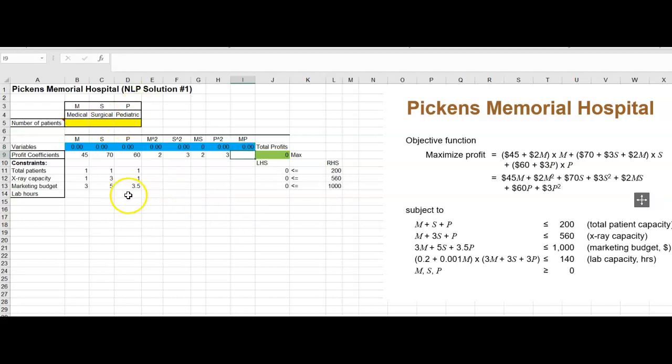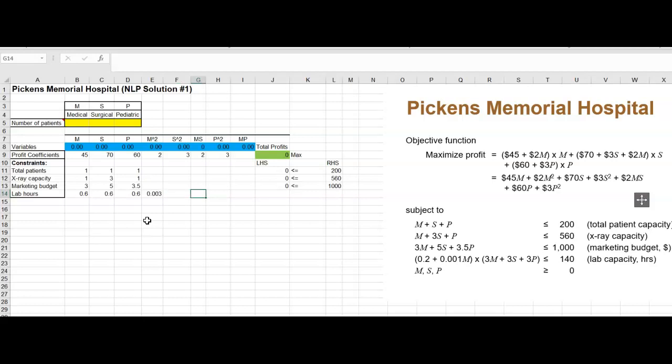So based on the expansion of the equations that we did, the coefficient for M came out to be 0.6. For S was also 0.6, and for P it was also 0.6. For M square it was 0.003. There was no S square in our equation, so I'll leave that blank.